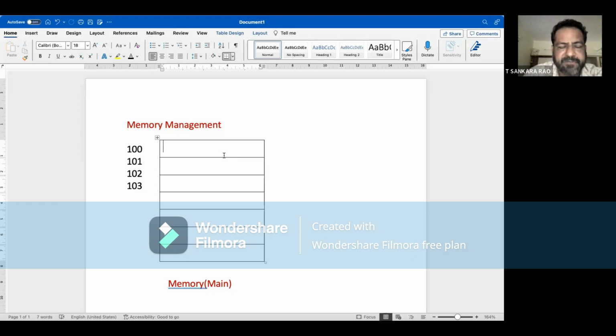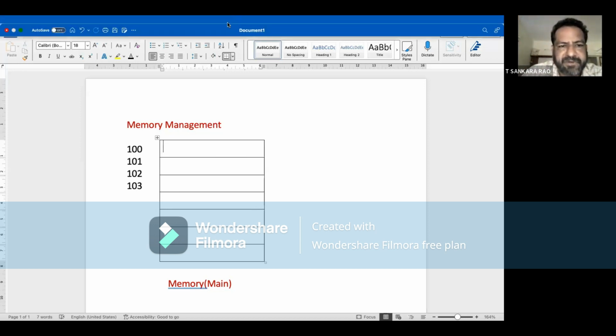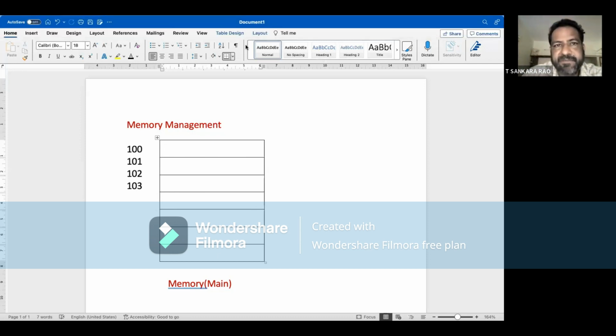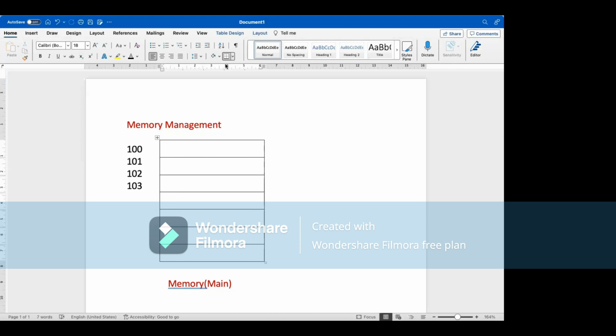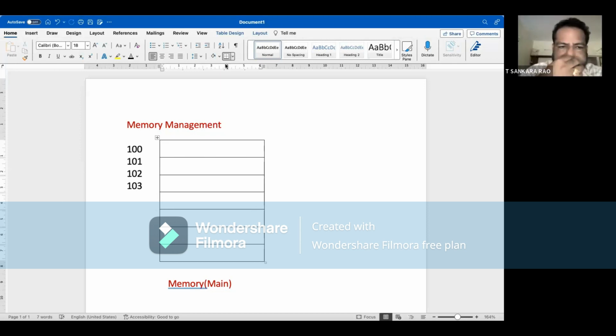What is the memory used for in the computer? What is stored in the RAM? Yes, to store the processes. Very good, to store the processes and data.